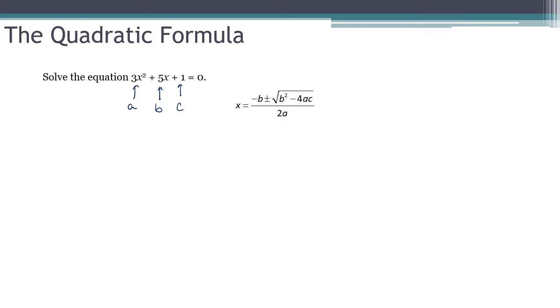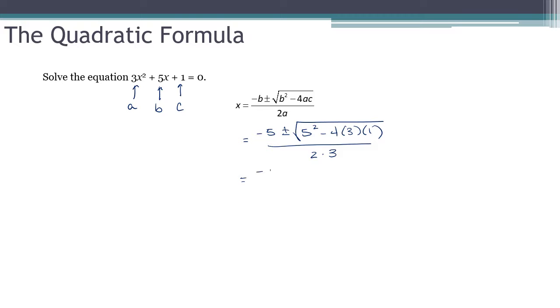All right, so let's just substitute those numbers into the equation. This becomes negative 5 plus or minus the square root of 5 squared minus 4 times 3 times 1, all over 2 times 3. You see, now this is just an arithmetic problem. All I have to do is simplify this expression, and I should get my answer.